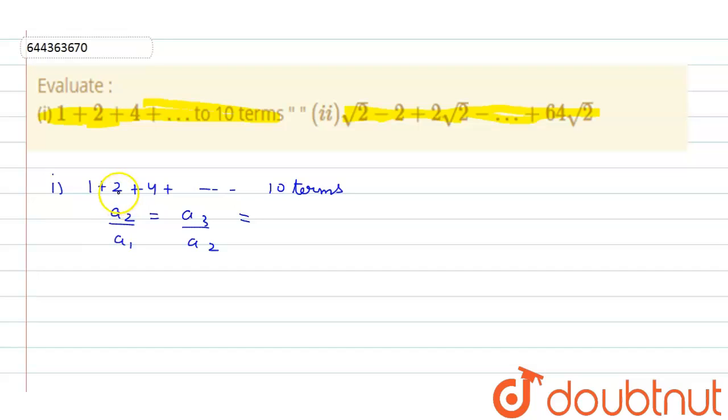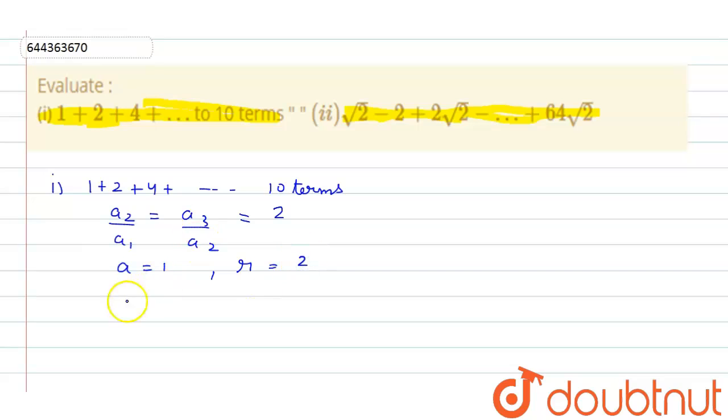If we divide 2 by 1 we get 2, and if we divide 4 by 2 we get 2. So the common ratio is 2 here. Now we know that the first term A is 1 and R, the common ratio, comes out to be 2.